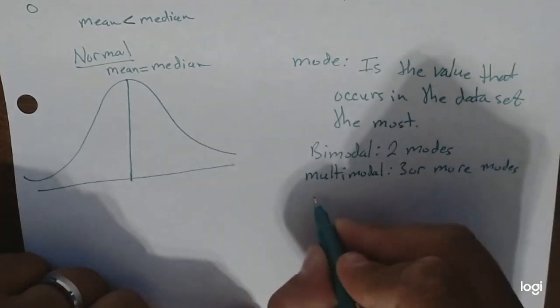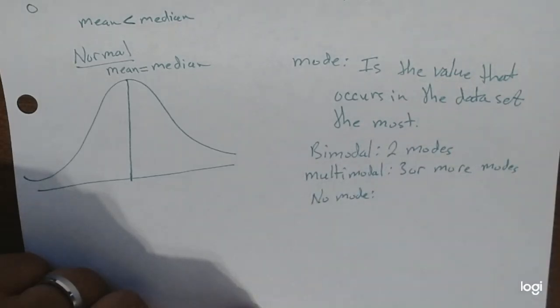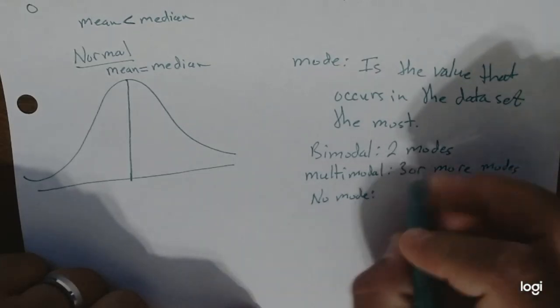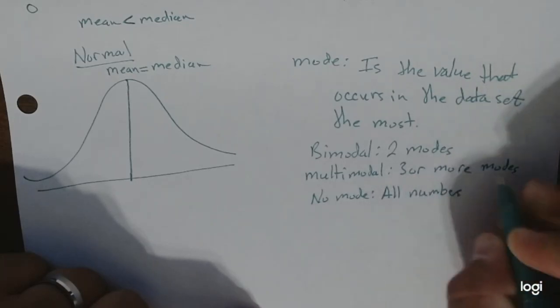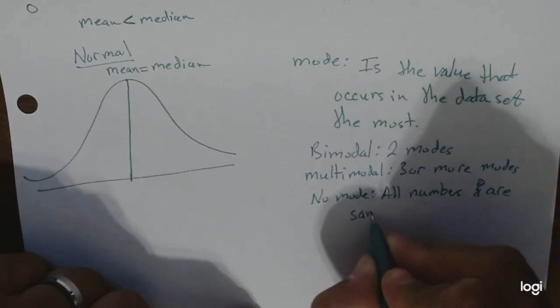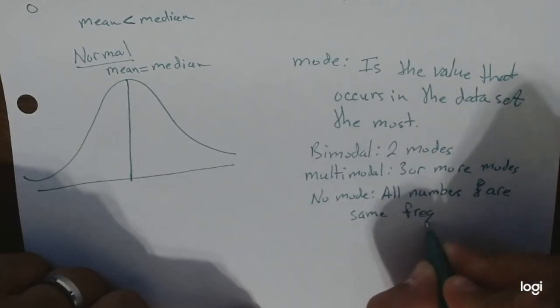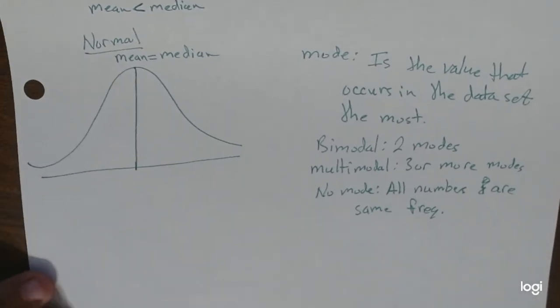And obviously we can have no mode, meaning all the numbers occur the same amount of times. All numbers come out once, all numbers come out twice, and so forth. And that finishes this section here.